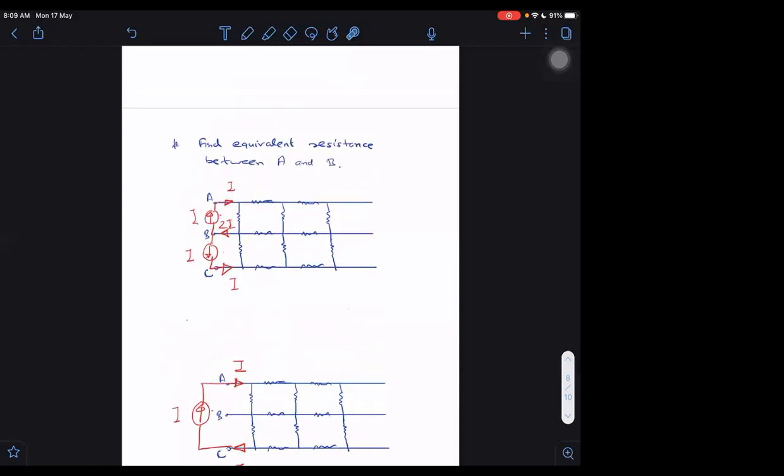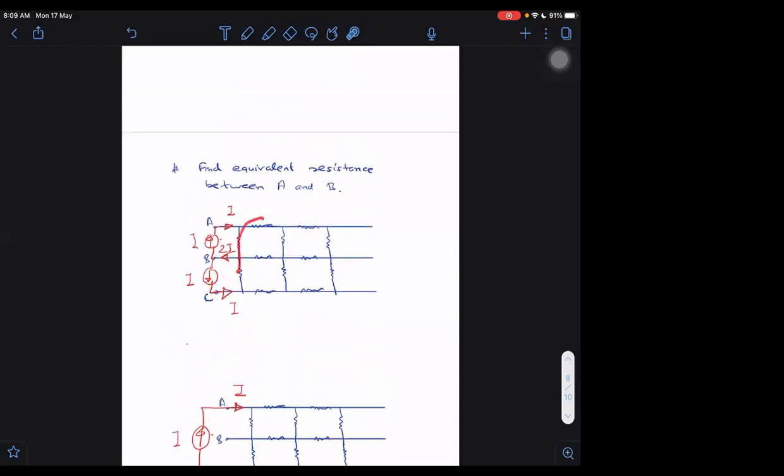Next, can we get this one also? This is not the same. It is different.